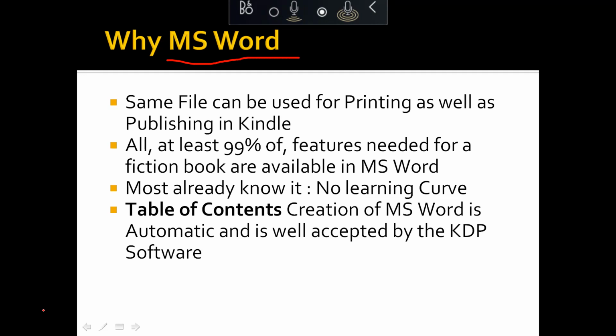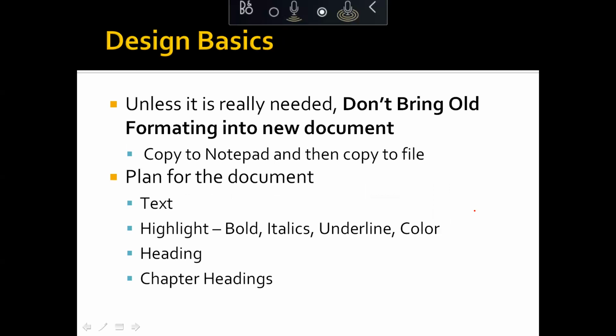As I told you, the same file can be used for printing as well as publishing. 99% of the features needed for a fiction book are available in MS Word. Because you already know it, there is no learning curve, table of content creation is automatic and it is well accepted by the KDP software. If you are using other softwares, you have to create the table of content separately.